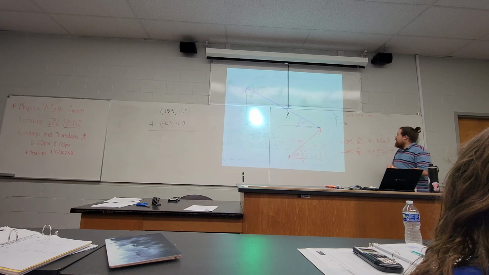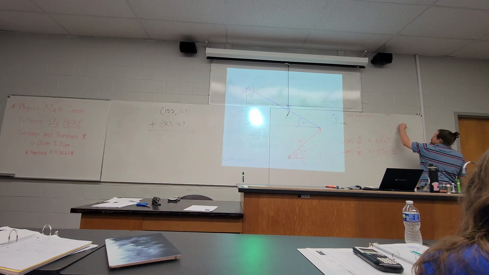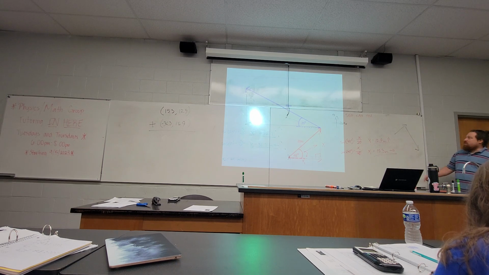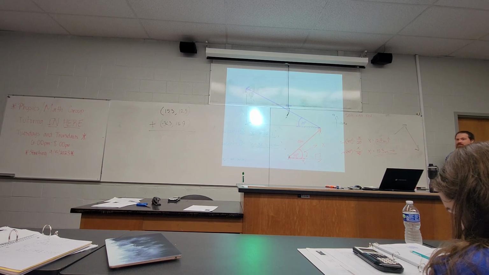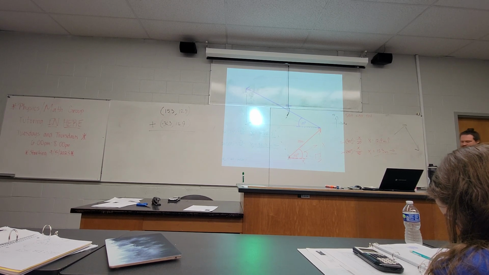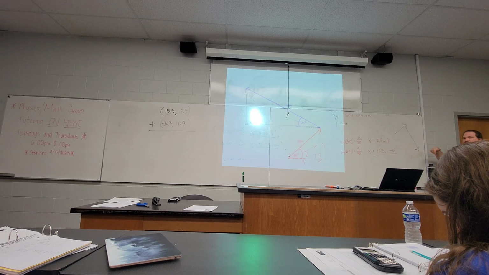But if we were adding, say, this vector to this vector, here the y's work against each other, and one of them would have to be negative. So the y is negative if it's going to the right? Y is negative if it points down. Sorry. Okay.